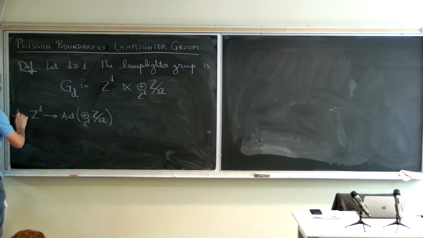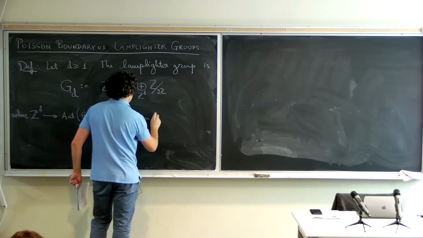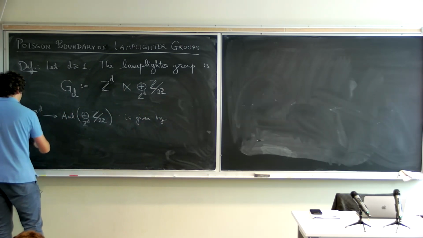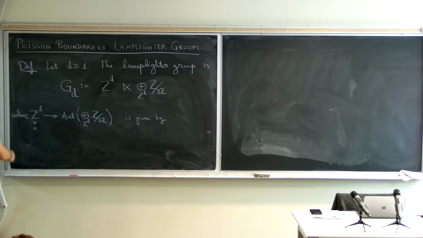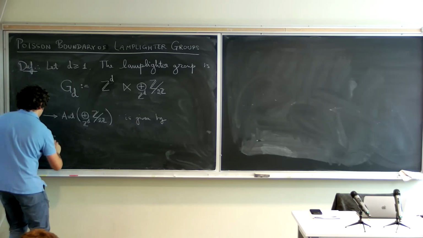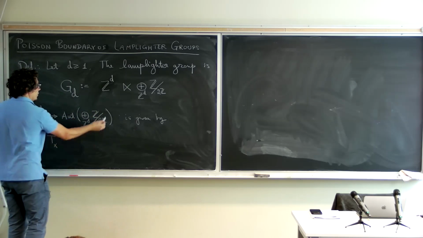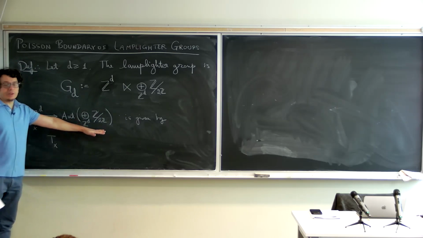Okay, and the action is given by, well, basically you take X, which is a point in the grid, and it has to act on an element in this infinite abelian group. So remember that this infinite abelian group represents the states of all possible lights.